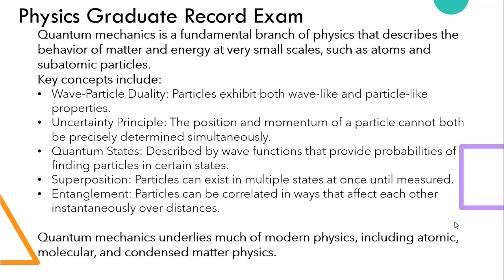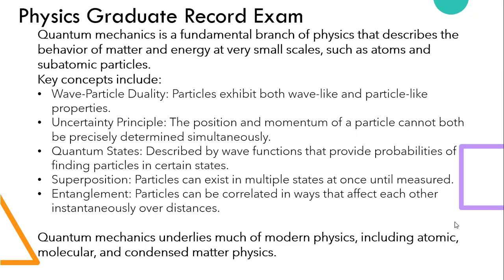But protons and neutrons can be broken up into smaller things called quarks. So quantum mechanics talks about these subatomic particles like protons, electrons, and neutrons, and then can go even further into discussing things like quarks and other exotic particles such as neutrinos that are very interesting to study.